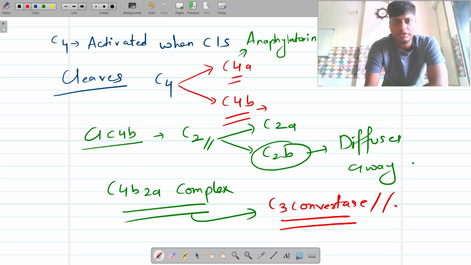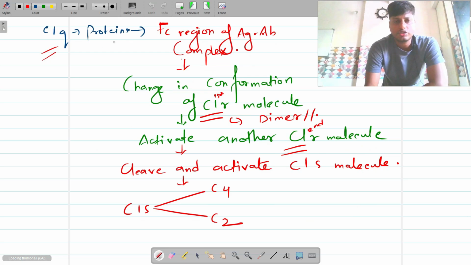So previously we saw that initially there was the C1q protein which binds to the Fc region of the antigen antibody complex, which is associated with the membrane of a cell. Once the C1q protein binds to the antigen antibody complex, there will be a change in the conformation of the C1R molecule.